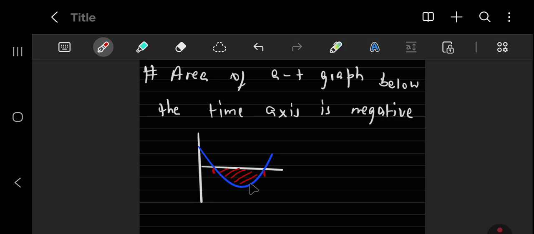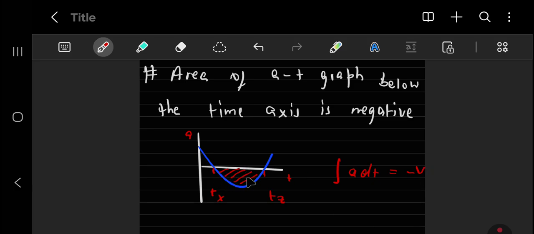The velocity from whatever time, let's say tx and then tz, and that area, remember this is your acceleration time graph, the area of a dt equals negative v. Please note that.